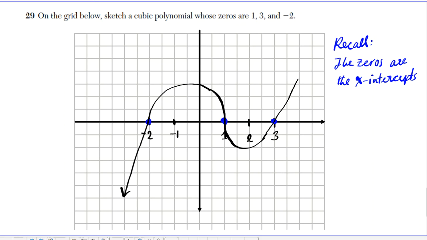It's cubic also, so it has to cut these 3 different zeros. This is a possible solution. There are infinitely many ways you can draw a polynomial that satisfies this condition.